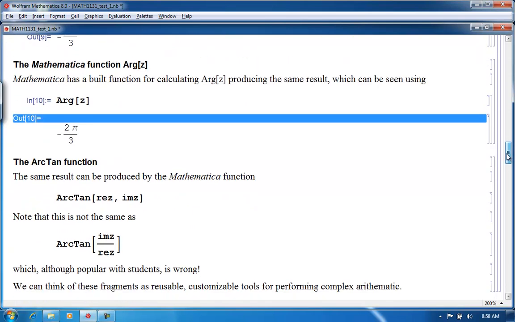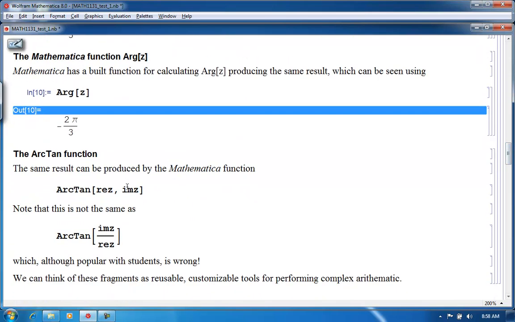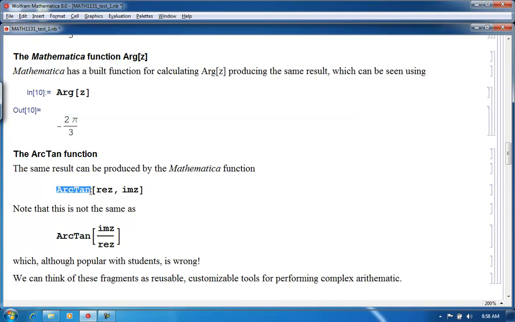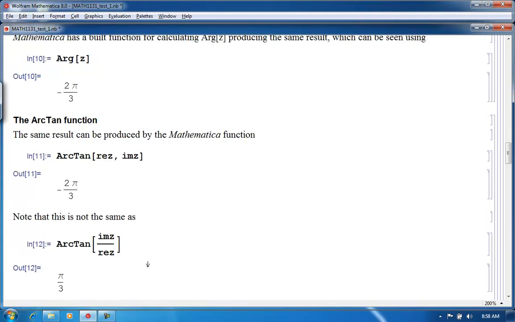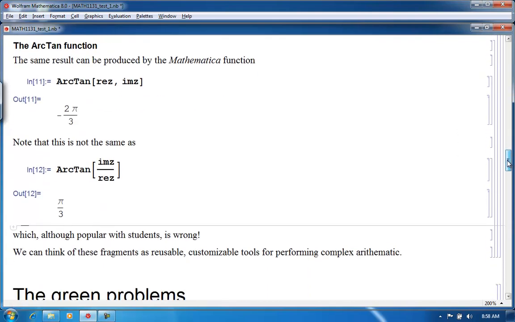Another way of doing the same thing is that Mathematica has an arctan function, or it has two actually. One which has two arguments, which are the real part and the imaginary part in this case, and that produces this result. Note that this is not the same as the arctan of the imaginary part divided by the real part, which gives pi over 3.